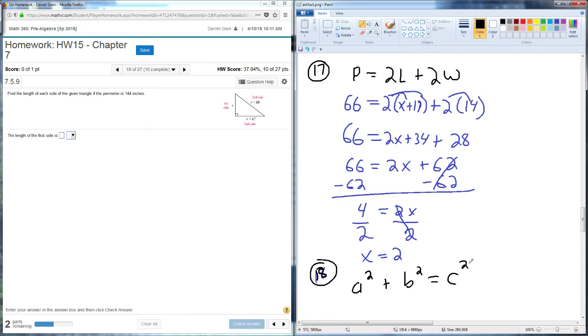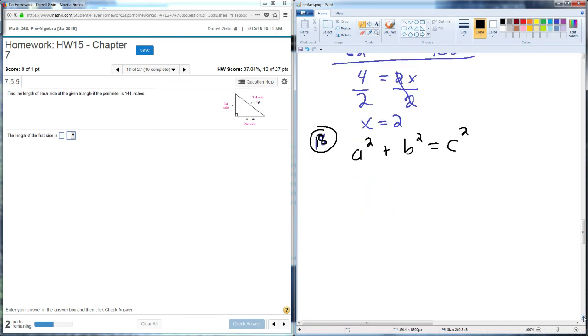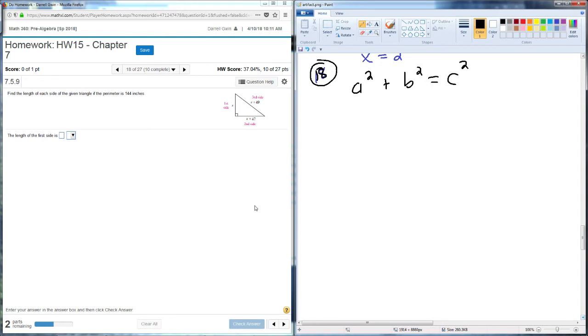That's actually a pretty tough one. The first leg is x, the second is x plus 47, you have to put that in parentheses, and the other one is x plus 49.